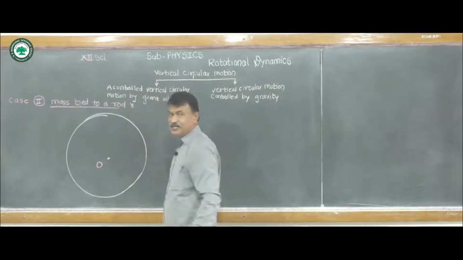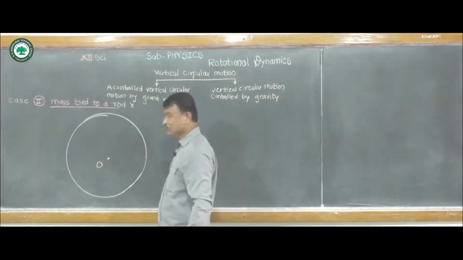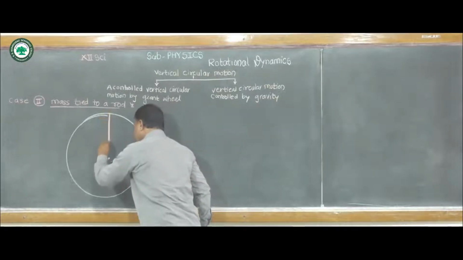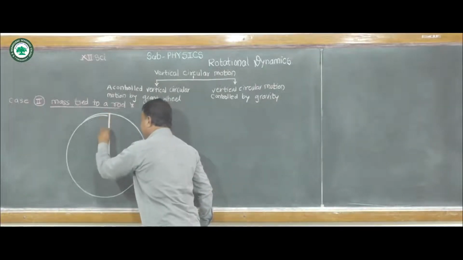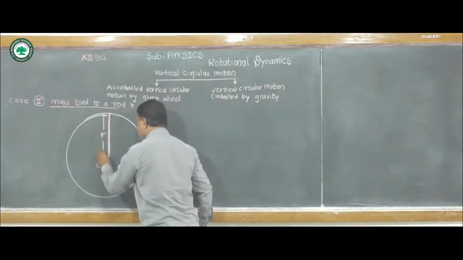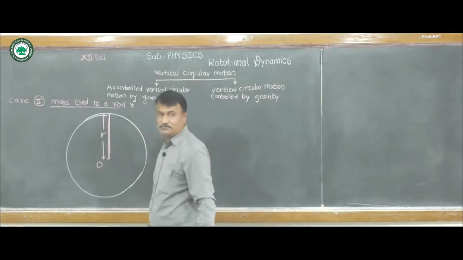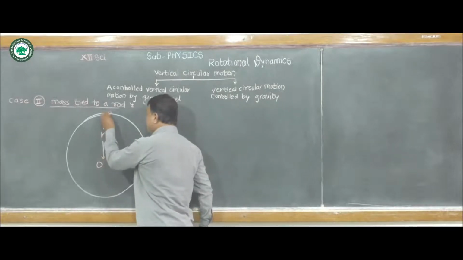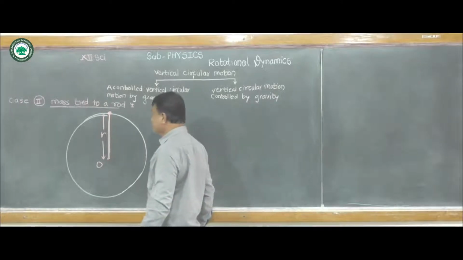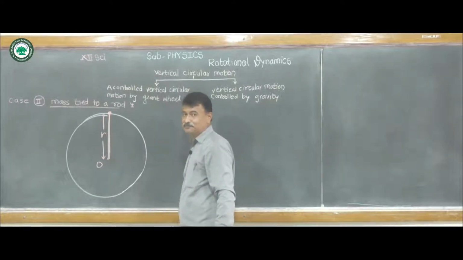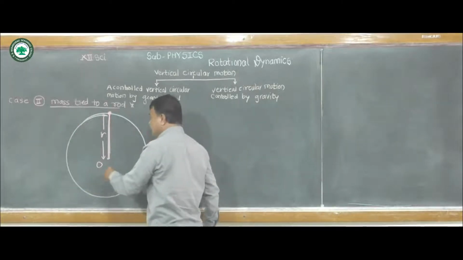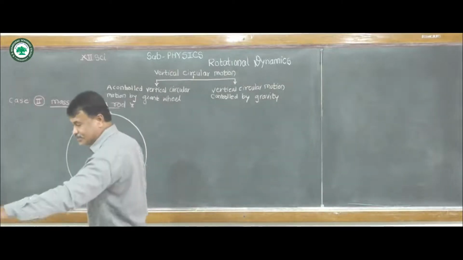If we consider this vertical circular motion and we consider a rod of length small r, so small r is the length of rod, and to the one end of the rod we consider a point mass whose mass is small m, whirled in a vertical circular motion in anti-clockwise sense.